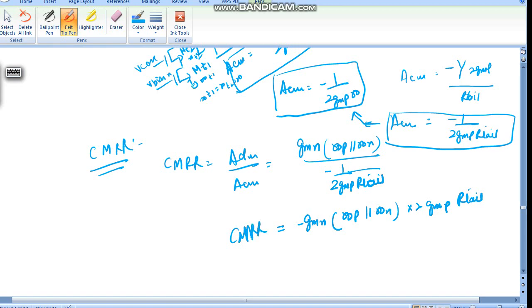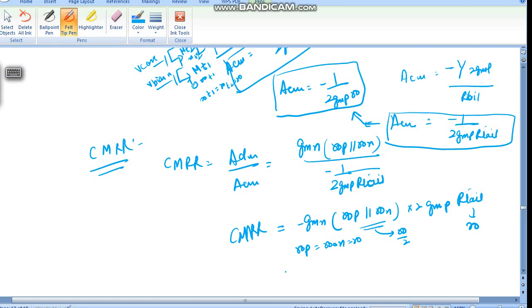So this is CMRR. Now suppose ROP equals RON equals RO, so this term reduces to RO by 2, and say this is a simple current mirror we are using, R tail is RO.